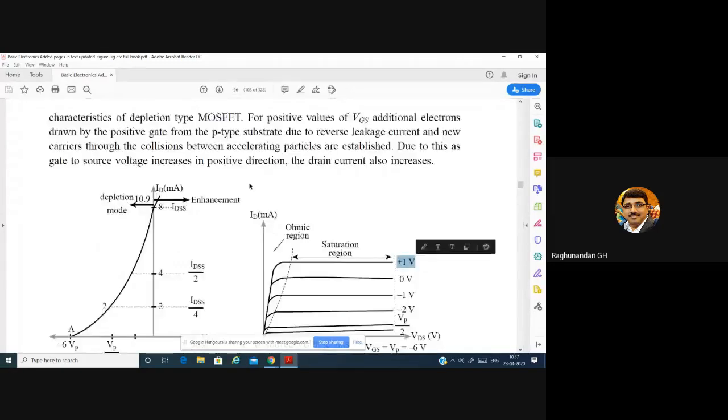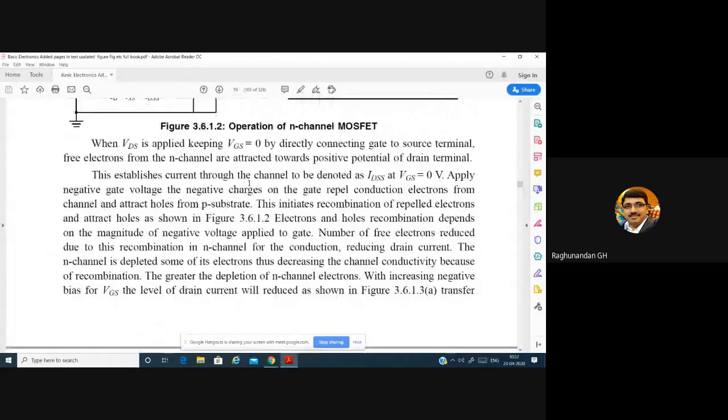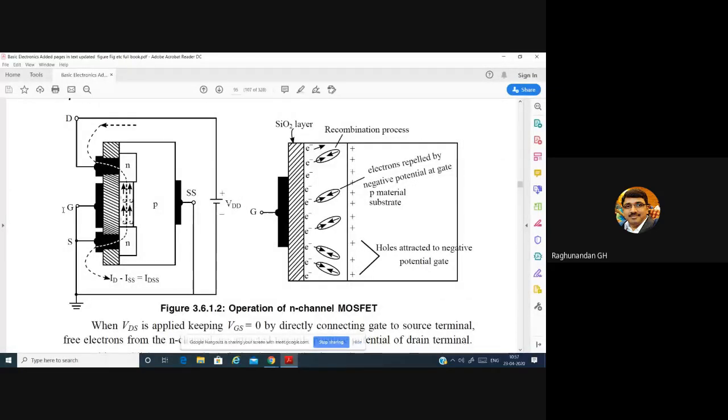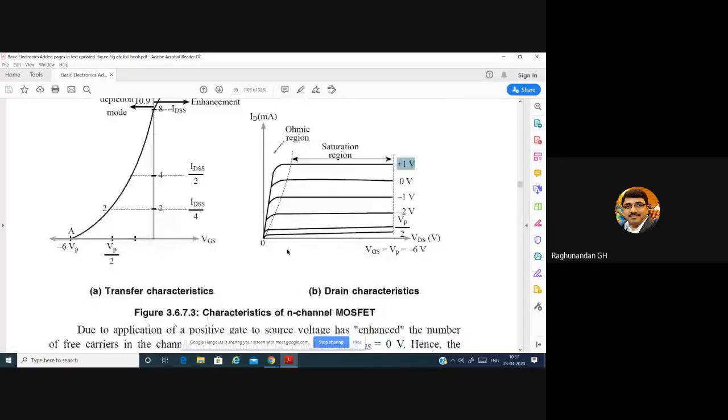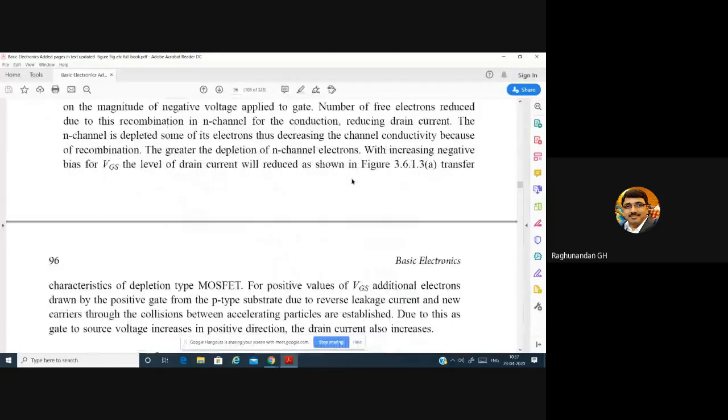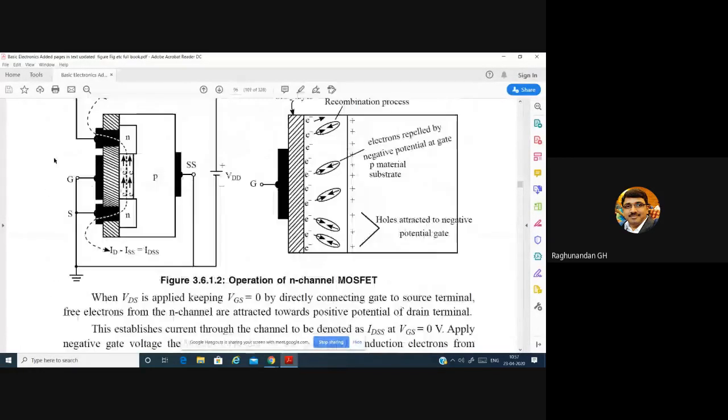Gate to source voltage means whatever voltage you apply at the gate. You can observe here that when it is 0 volt or positive, more electrons got into the channel. Because of that, we have the highest current.